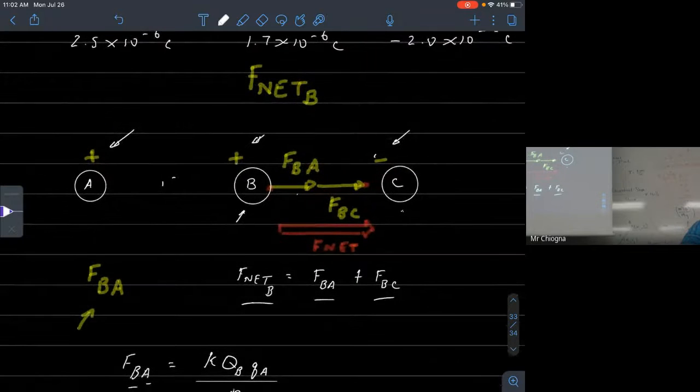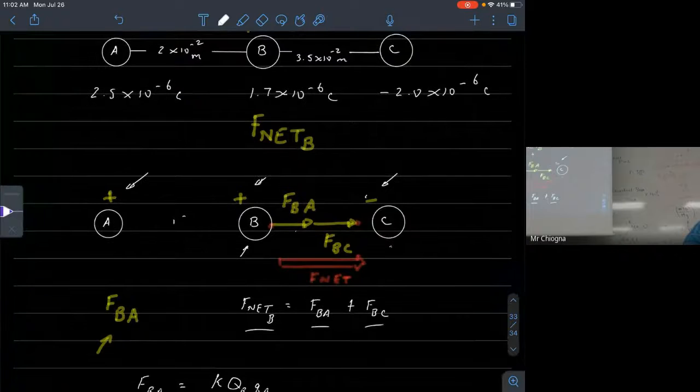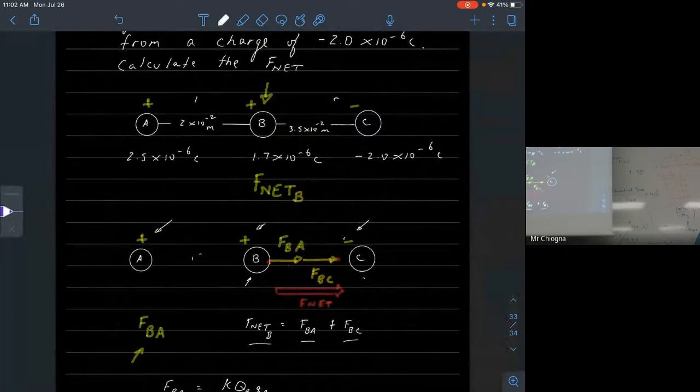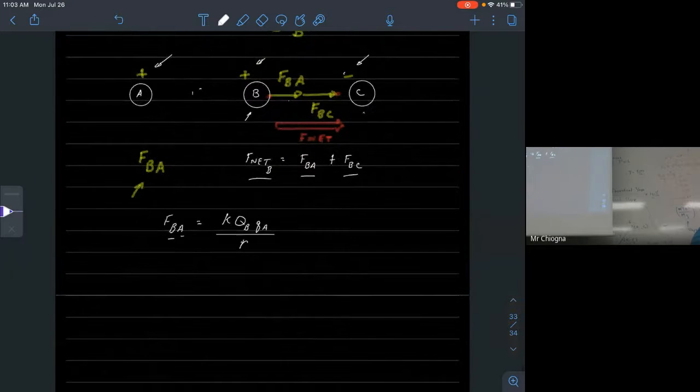Okay. If you go back here, this is R here. You could call it RBA if you want. This here is RBC squared. Now you can just plug in values.